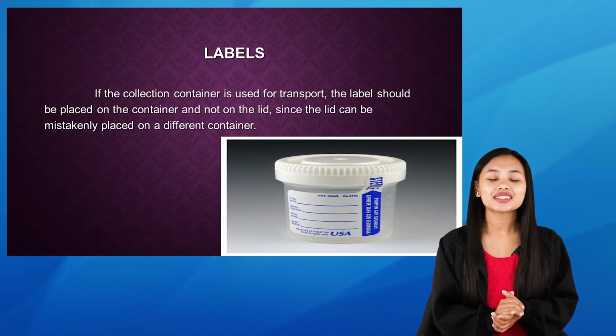So you must keep this in mind: for the sample collected, will it be refrigerated or not, and if it must be refrigerated, then you must make sure to label it with a label which will be suitable under refrigerated conditions.